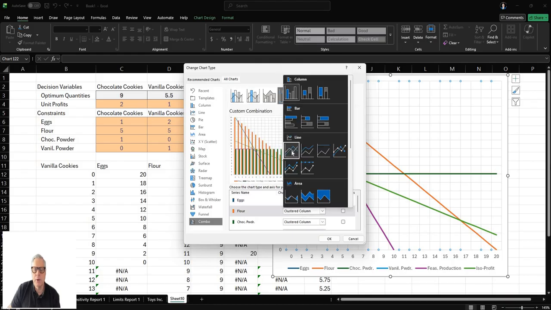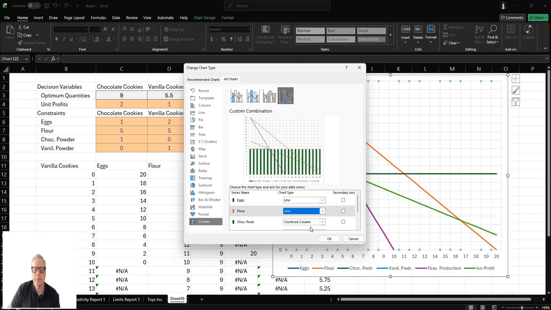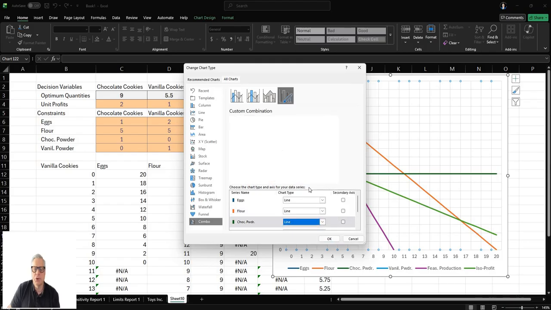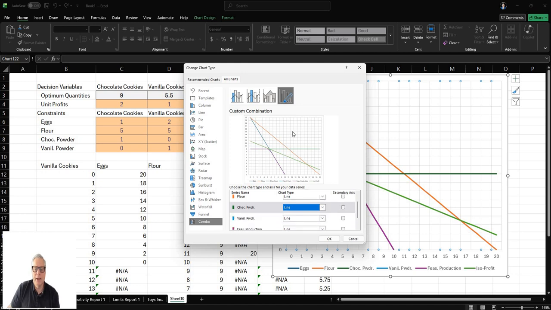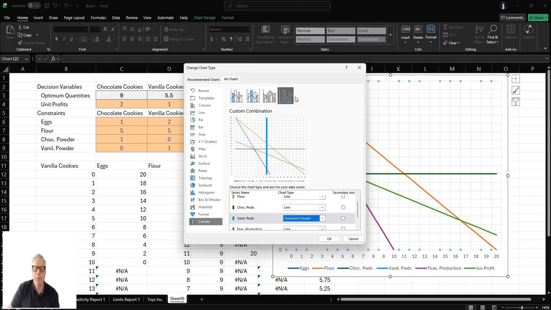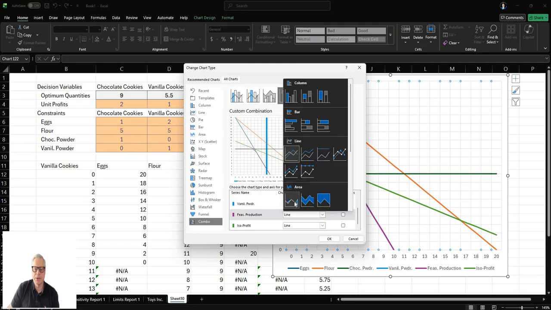The flower constraint should be a line. The chocolate powder constraint should be a line, but we said the vanilla powder constraint, that should be a column, and the feasible production, that's an area.